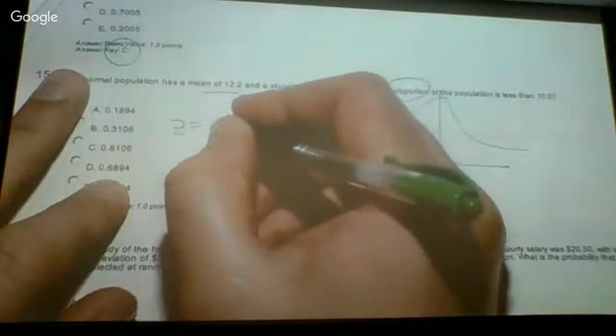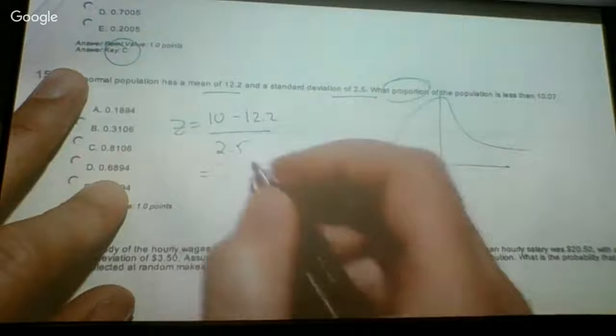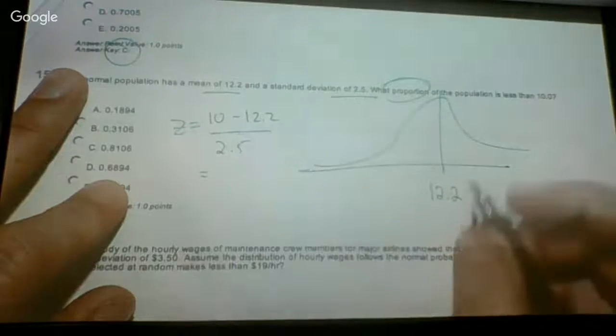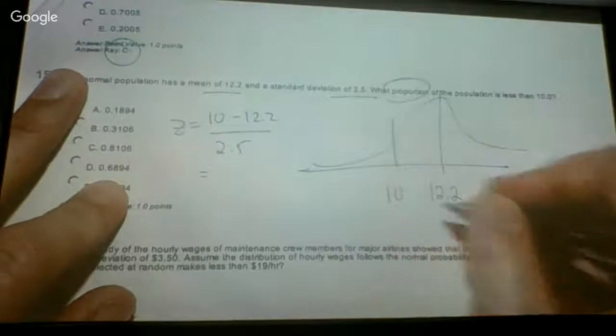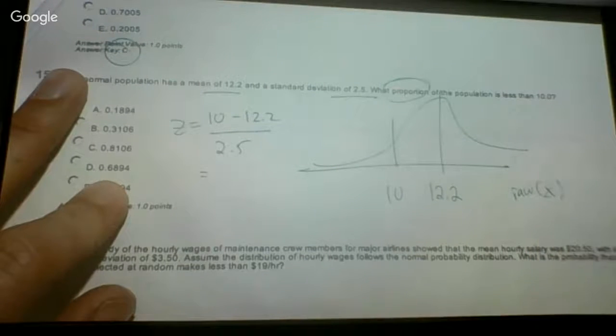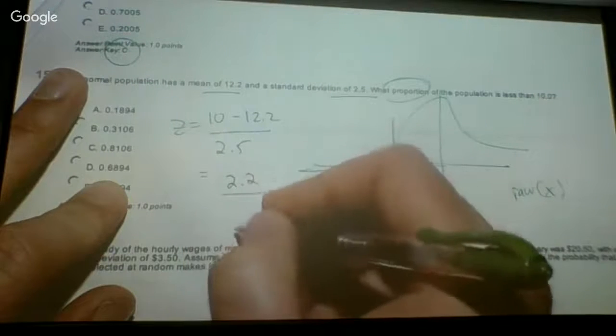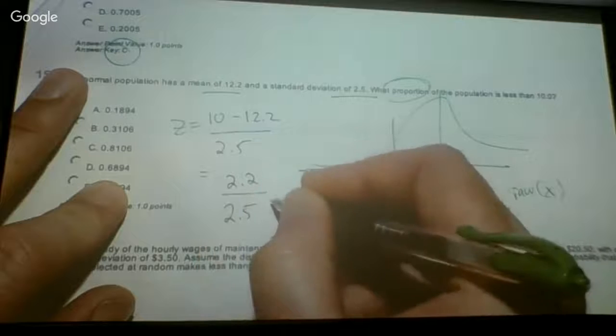Z equals 10 minus the mean, which is 12.2, divided by the standard deviation of 2.5. 10, by the way, should be over here. That's our raw scale. 10 minus 12.2 is 2.2, divided by 2.5.